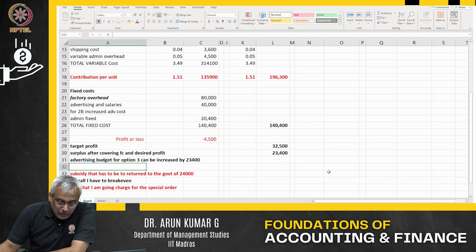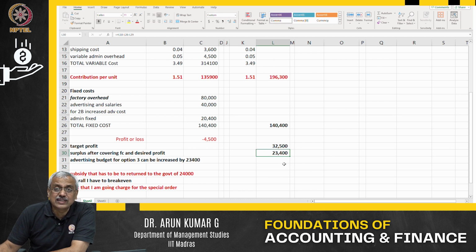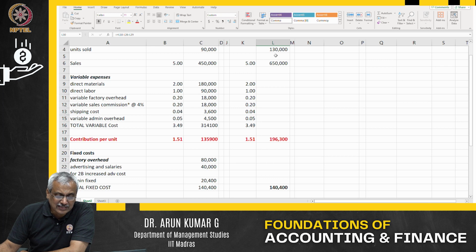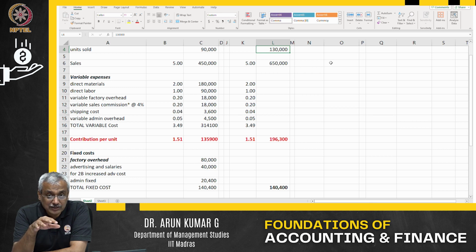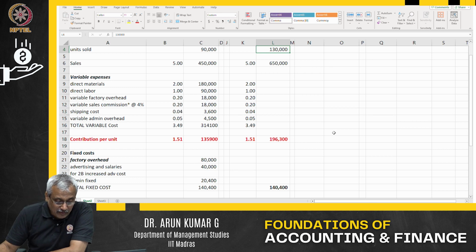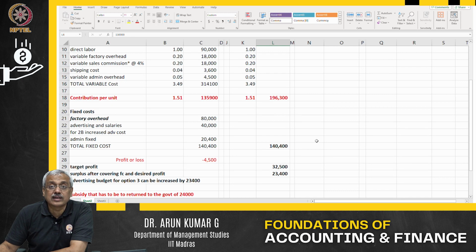I don't know, because the leeway you have in increasing advertising is only 23,500. Maximum you can spend only 23,500 for increasing the ad. If you increase the ad budget by 23,500, whether you will reach that 130,000, the organization will have to decide. If it is possible, then this is one of the profitable options to consider.